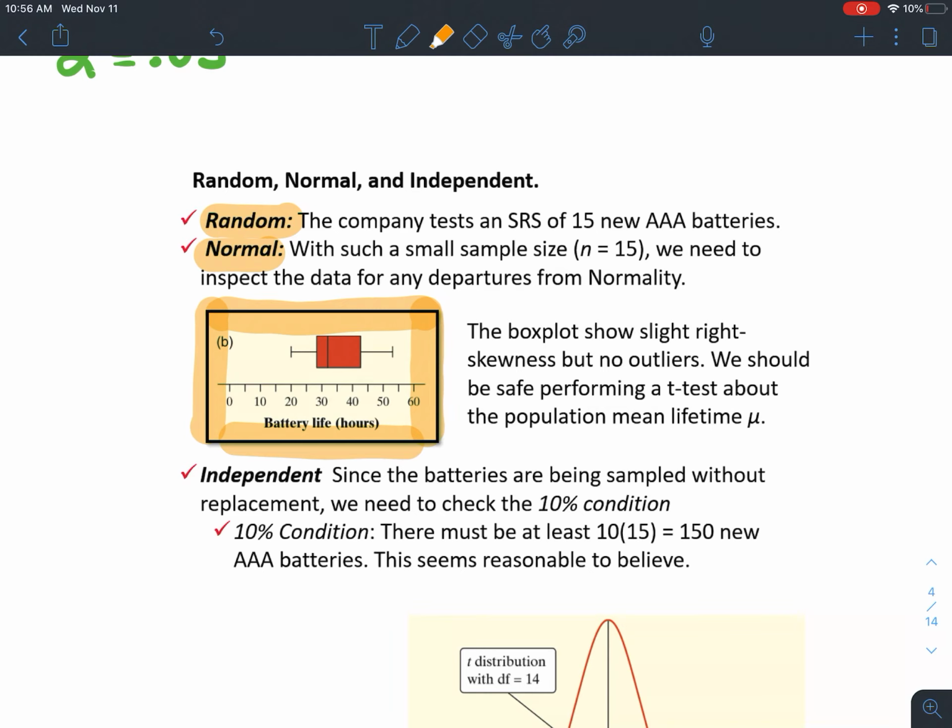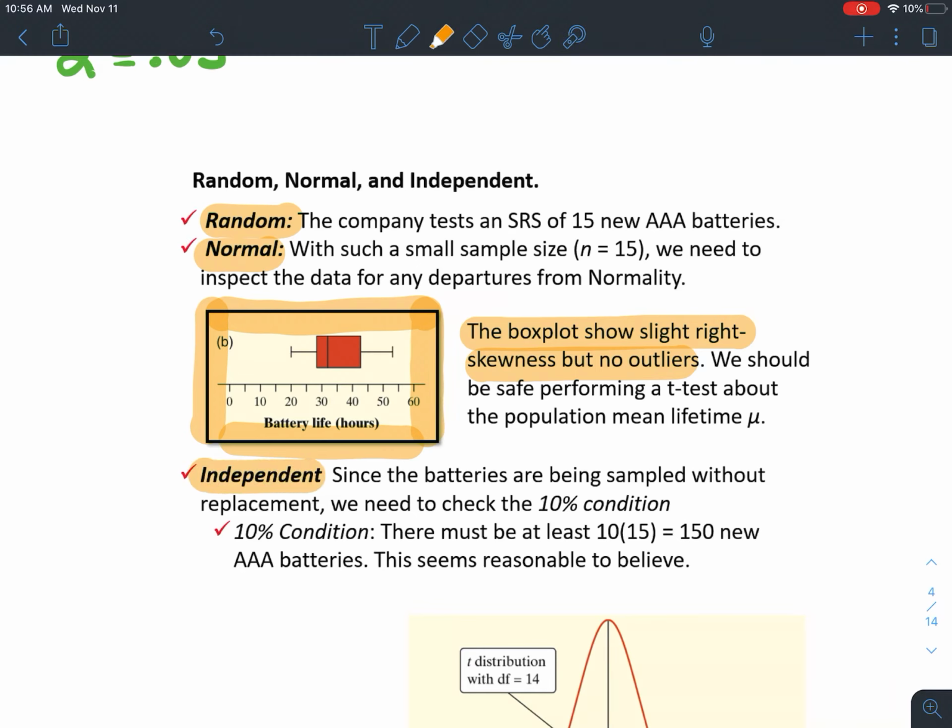Okay, you always need to show the graph on your paper, and then you need to make a statement essentially saying that there's no extreme skewness or outliers. It mentions here that it shows a slight right skewness because the right whisker is a little longer, but there are no outliers. That means it's okay for us to move forward with this t-test.